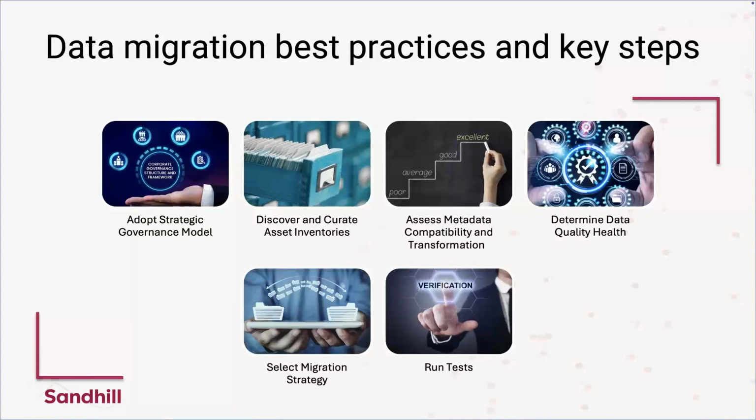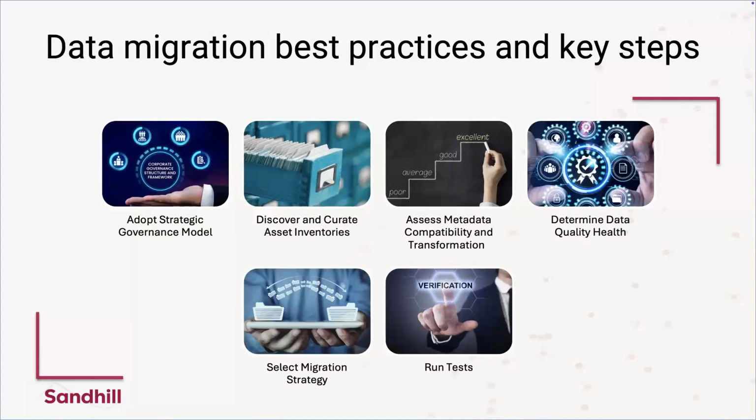So there's adopting a strategic governance model. This is where you're going to set the rules and responsibilities so everything goes smoothly. Discover and curate asset inventory. So we have to know what we're working with. Document all that data that's going to be moved. And then assess the metadata compatibility during the transformation. So there are things like data formats, labels, structures. All of these things have to be assessed in doing the moving of data from one place to another.